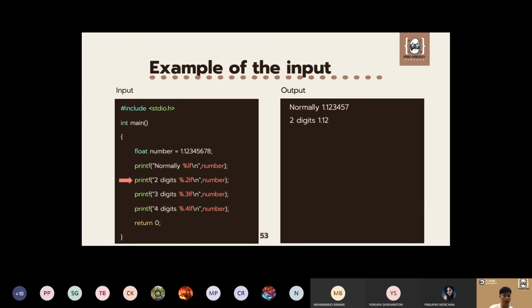For example, you guys can see here, 2 digits, 0.2. And the next one, we use %.3lf. It will show 3 decimal places. And the last one here, we're using %.4lf, which is 1.1235.